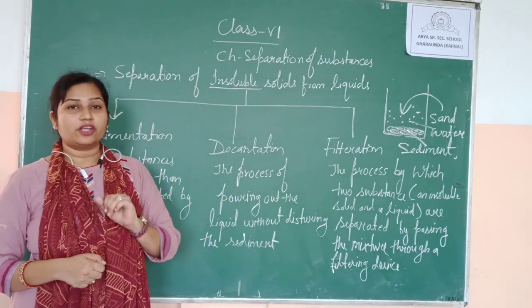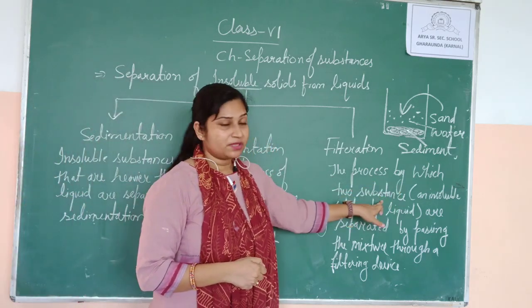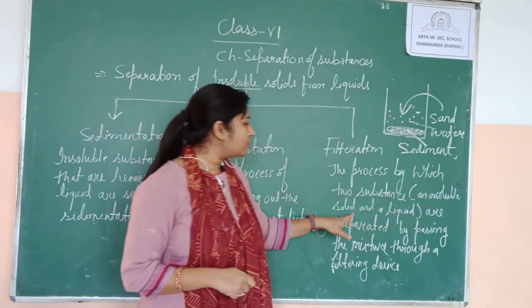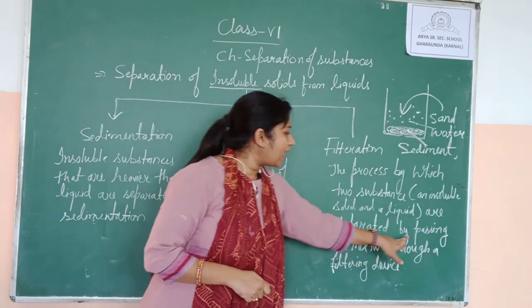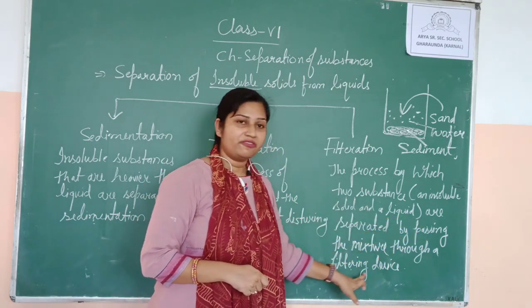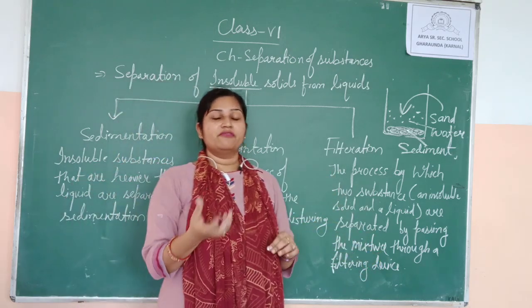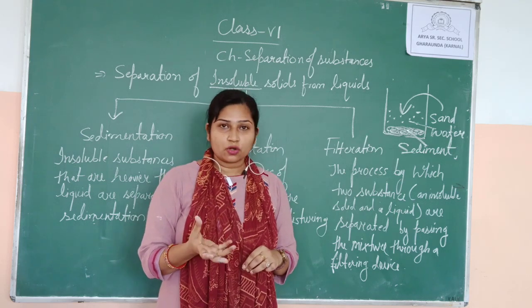So now what is filtration? It is the process by which two substances, generally an insoluble solid and a liquid, are separated by passing the mixture through a filtering device. The filtering device can be filter paper, or we can take muslin cloth as a filter.